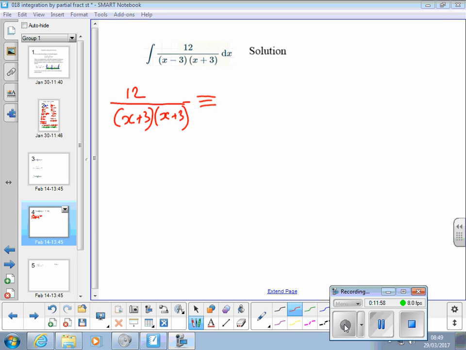So we can say that is equivalent to, guys, partial fractions, like only seven days ago, A over x plus 3 plus B over x minus 3.